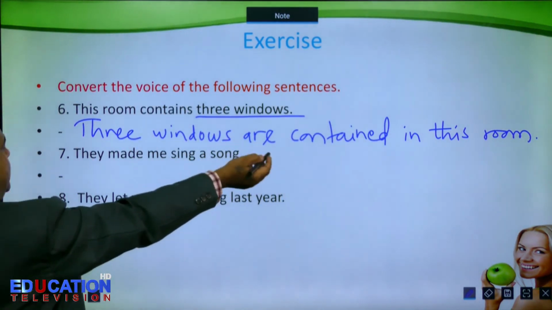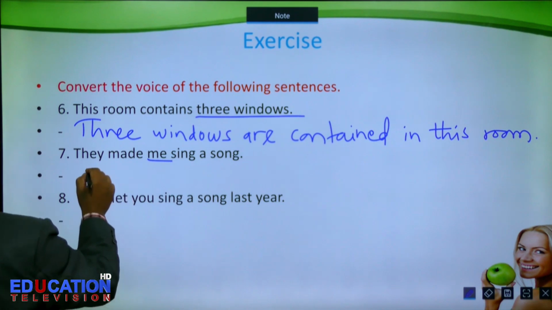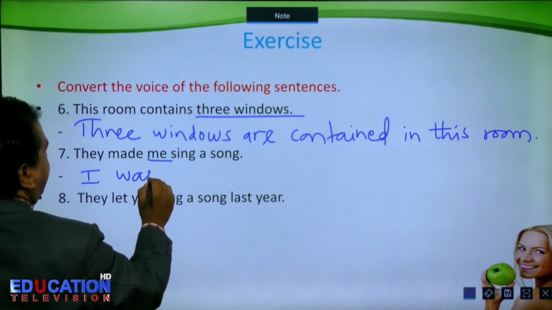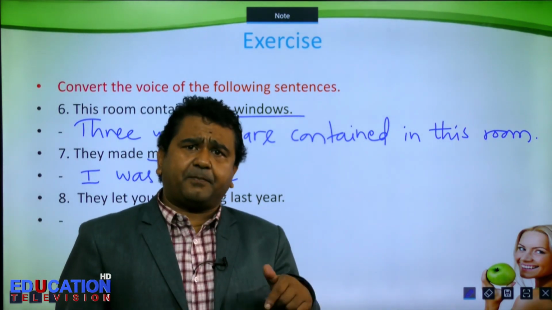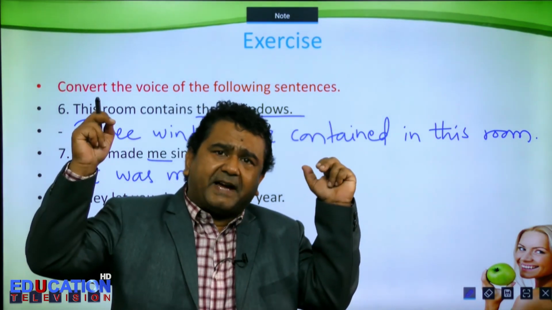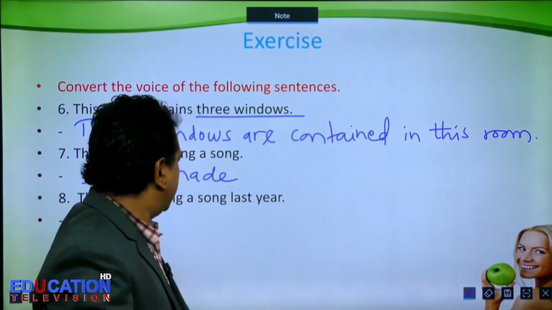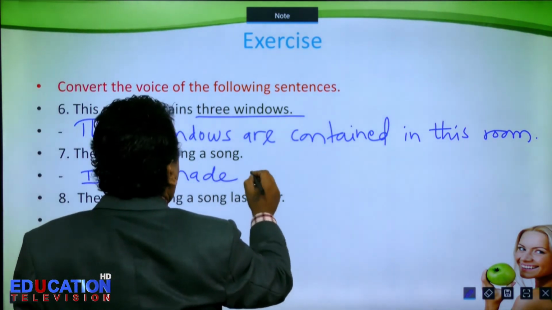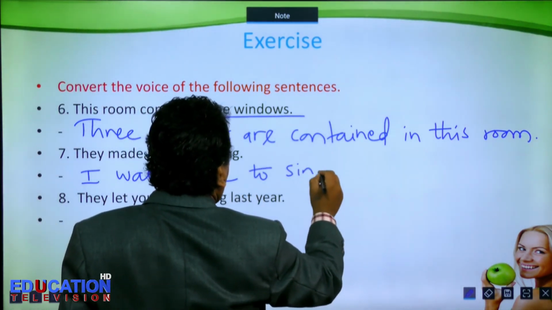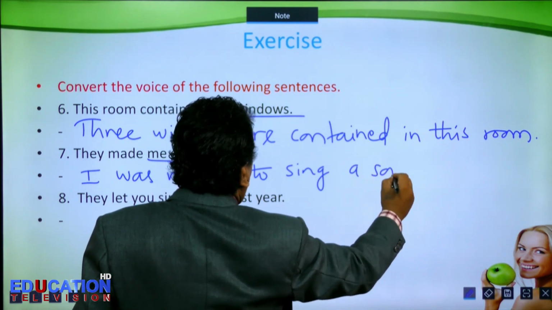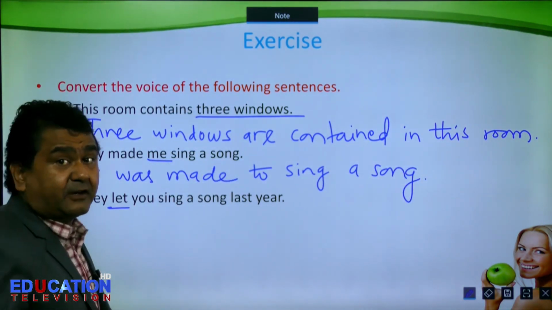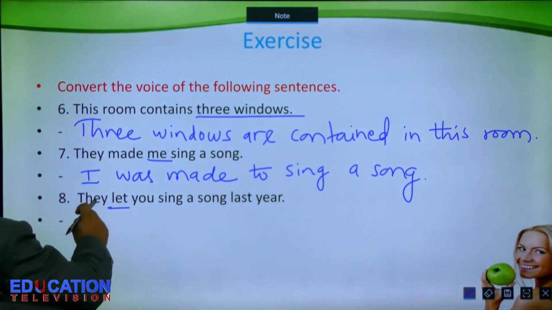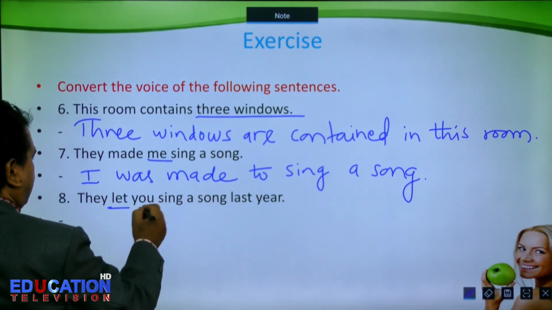They made me sing a song. Me is here, I was made. The passive of a causative verb with the word make becomes to infinitive. I was made to sing a song. To sing a song. But here is let. With let you cannot write to. They let you sing a song last year.